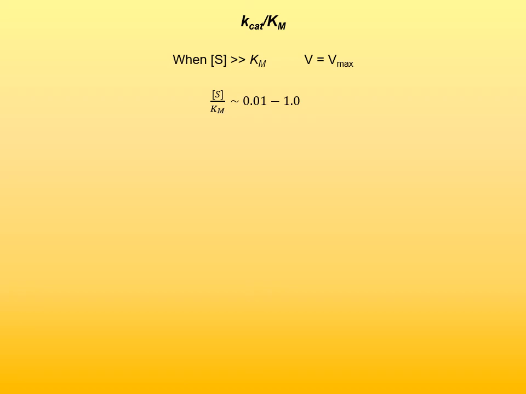Now, if we consider that initial rate equals K2 multiplied by concentration of enzyme substrate complex, and concentration of enzyme substrate complex equals concentration of enzyme multiplied by concentration of substrate over Km, then we can derive this equation for initial rate.